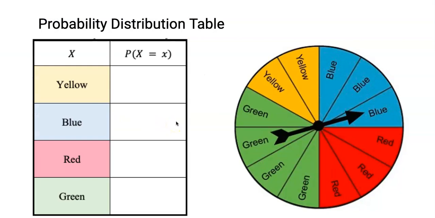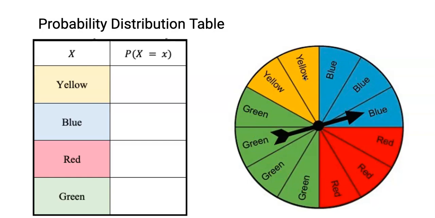Let X of S be the random variable that the color landed on. Take a look. I'm going to create a probability distribution table. On the left side, you will see 4 colors listed: yellow, blue, red, or green. What is the probability that we'll get a yellow slice? Let me spin it. Notice there are only 2 yellow slices out of how many? Let's count the total. 1, 2, 3, 4, 5, 6, 7, 8, 9, 10, 11, 12.